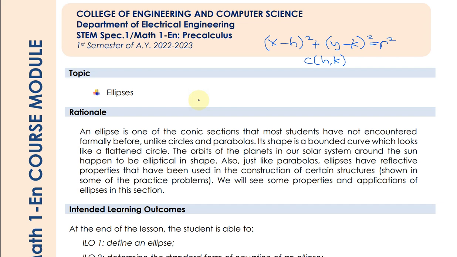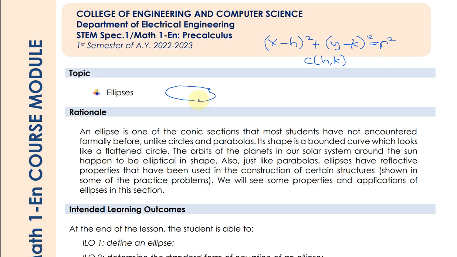Its shape is a bounded curve which looks like a flattened circle. So if you take a circle and flatten it a little, it will produce something like this. Look at the form of the ellipse, and it is a bounded curve, meaning it is a closed curve, unlike the parabola which is unbounded.